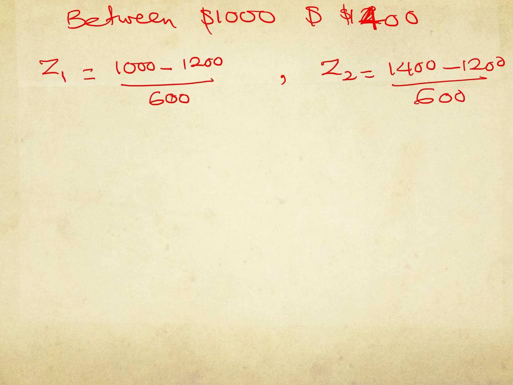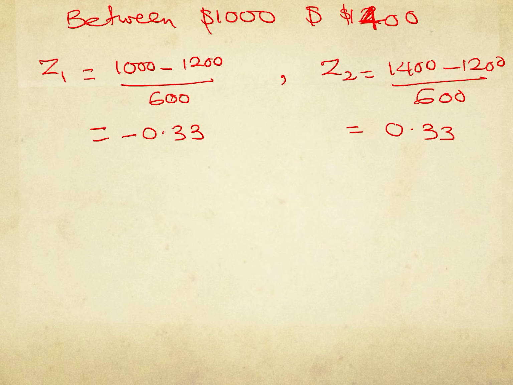So if we are to calculate that, this will give us minus 0.33. Take note of the negative and how you are going to interpret it in the graph, and this gives us positive 0.33.